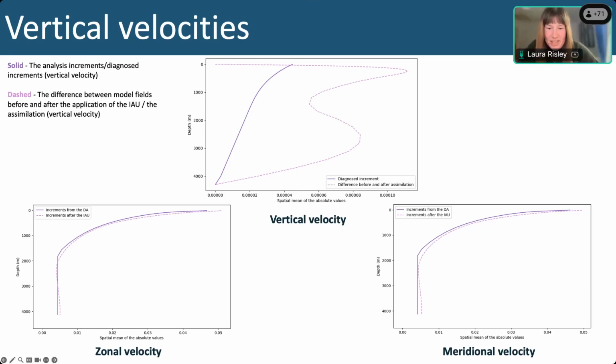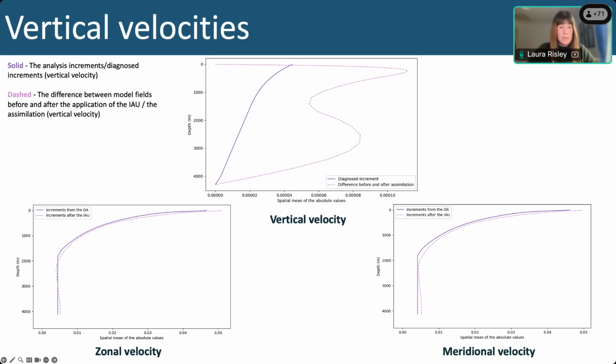Just to highlight this discrepancy even further, the plots on the bottom are zonal and meridional velocity. Again, we've plotted the same thing: the increments that we got from the data assimilation, and the increments after we've applied the IAU.